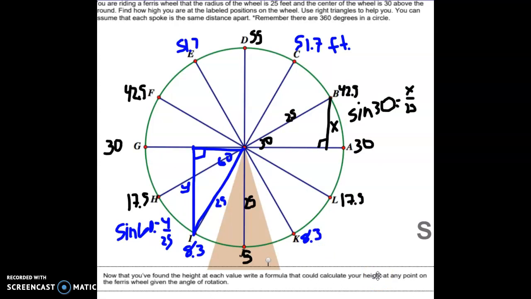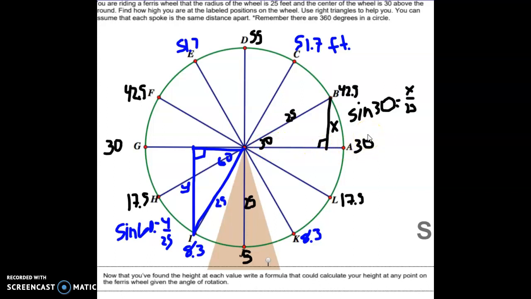All right, now the second part of this down on the bottom, it says, now that you've found the height at each value, write a formula that could calculate your height at any point on the Ferris wheel given the angle of rotation. So if you noticed, what we did every time here, and we could have done it for the easy ones too, if we would have taken this sine of 0, we could have found that ratio.